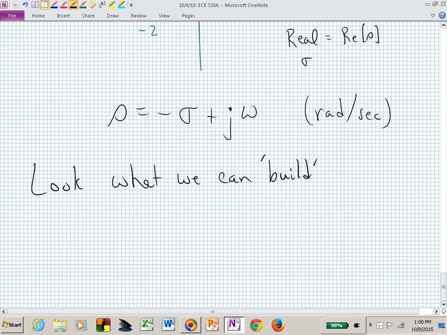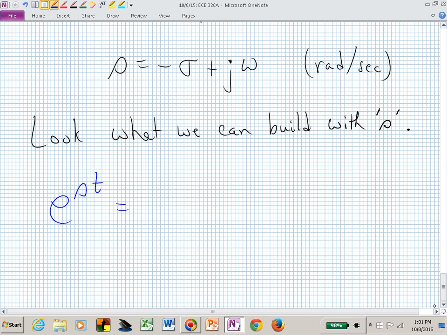Look what we can build with, I will put this in quotes so that you know that I'm trying to make that S. Let's look at e to the st, because we know in the very first time we started looking at Laplace transforms, we might want to know what's the Laplace transform of e to the st.